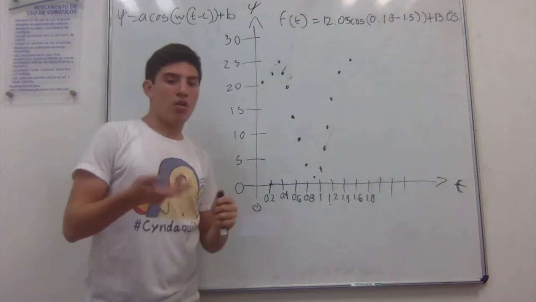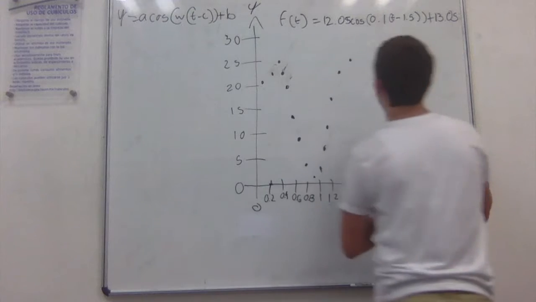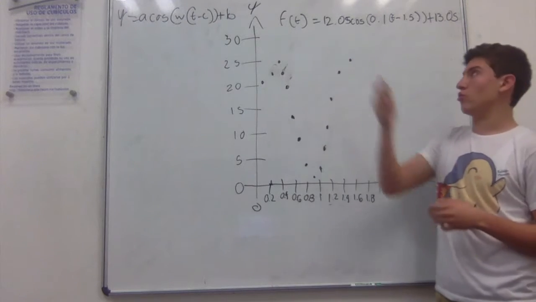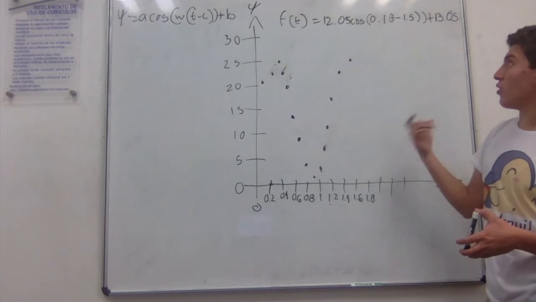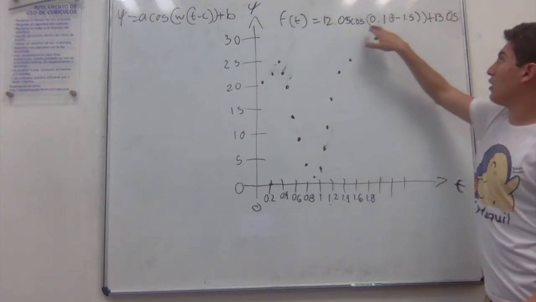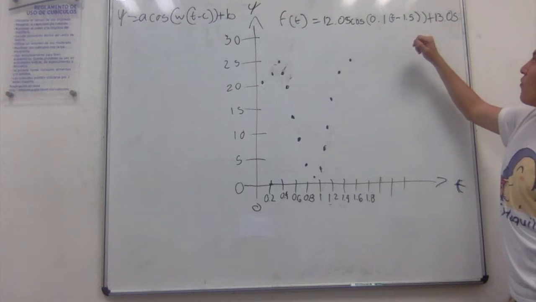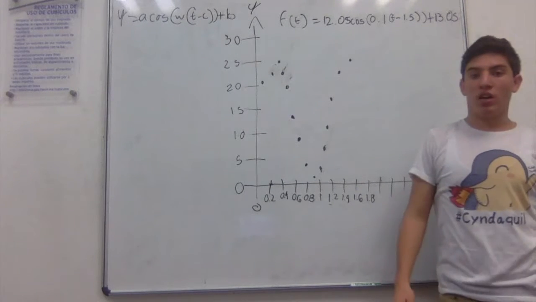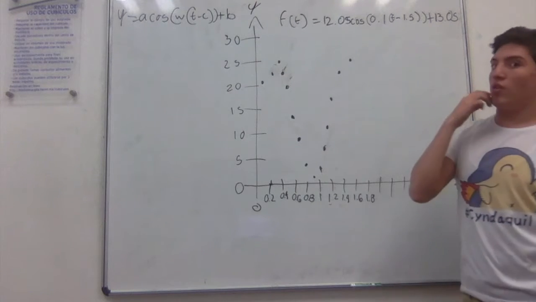And now with this graph, we can get the formula f(t) equal to 12.05 cos of 0.? (t minus 1.5) plus 30.05.